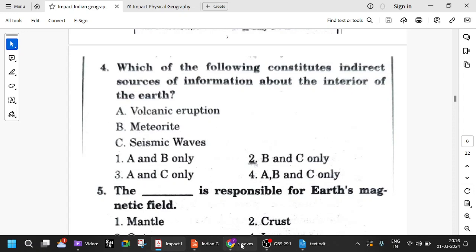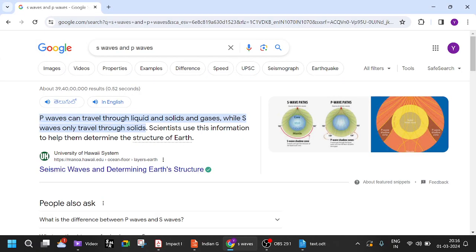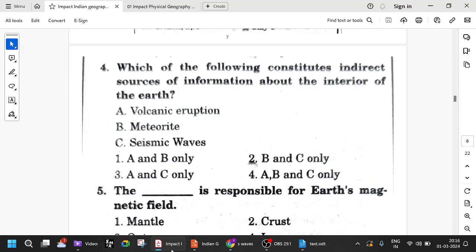And remember this, very important: S waves travel only through solids, P waves can travel through liquids, solids and gases. So because of seismic waves also, we are able to get some information about the interior of the earth. So both B and C are the answer. They are called the indirect sources. Volcanic eruption, deep mining, drilling, all those things are direct sources of information about the interior of the earth. Very important.